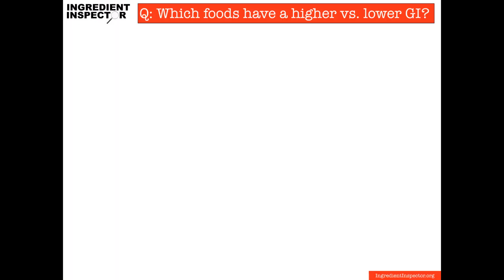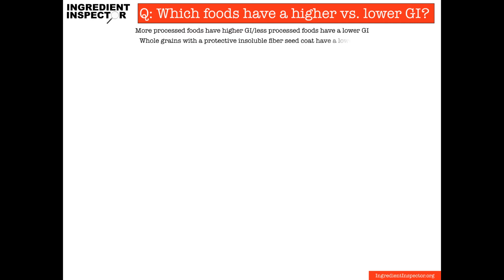Which foods have a higher versus lower glycemic index? This is sort of a quick directional thing to look at to help understand which tend to be higher and which tend to be lower. More processed foods have a higher GI, and less processed foods have a lower GI. Whole grains with a protective insoluble fiber seed coat have a lower GI than processed grains, which are digested more easily or quicker.